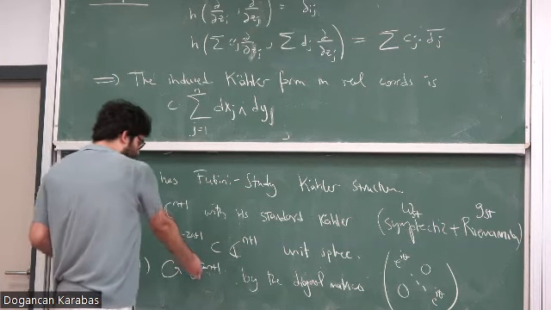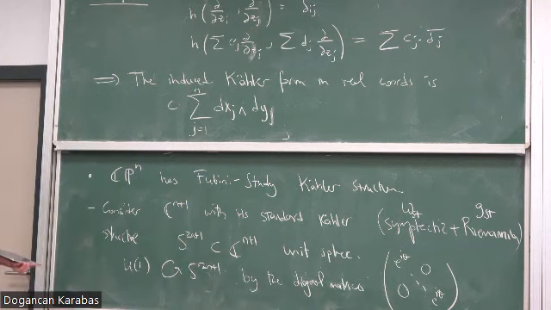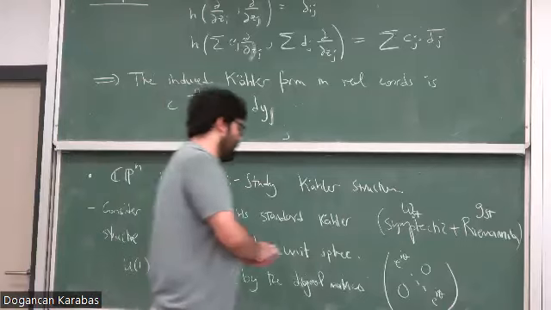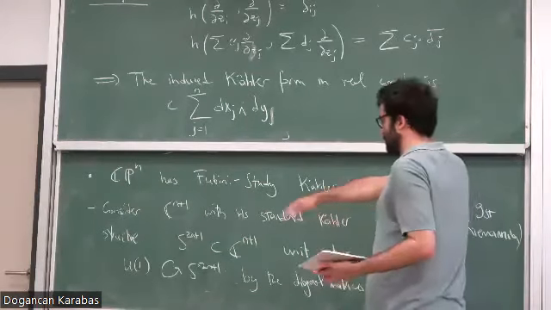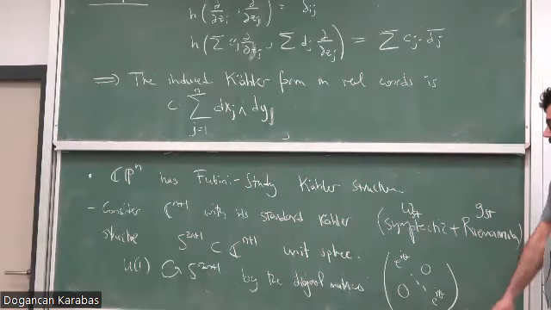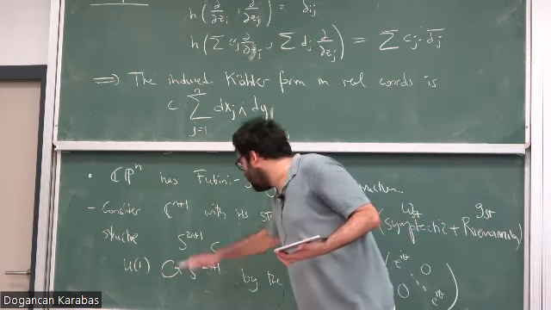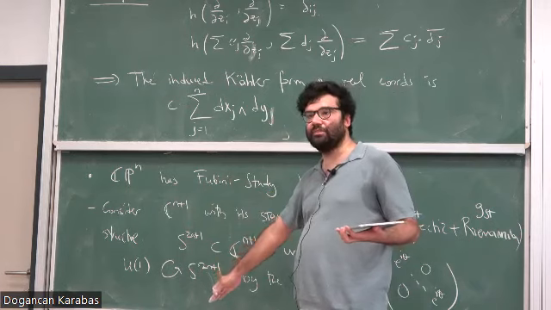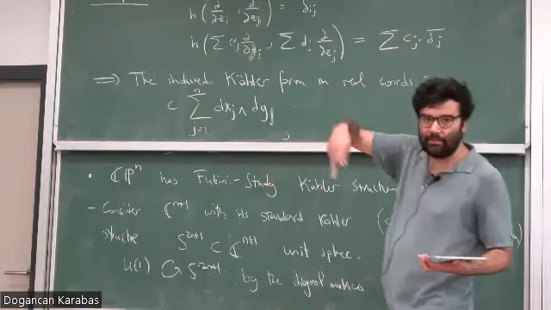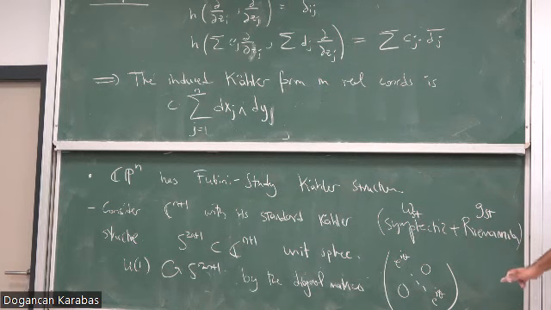You can see that it's an action on Cn+1, but it descends to the unit sphere, since it preserves lengths. By definition, CPn is the set of one-dimensional complex lines inside Cn+1, which you can also think of, by intersecting those lines with this unit sphere, as these particular circles generated by this diagonal action.